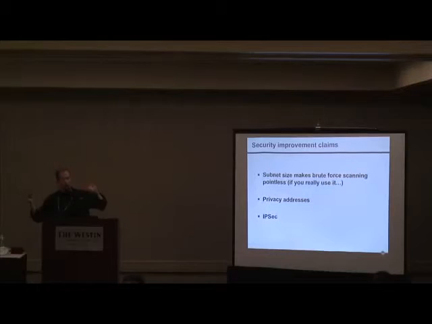And there are some things that everyone says, like it's more secure because... Well, okay, subnets. You can't brute force scan 18 quintillion addresses in a practical time frame. We have privacy addresses, which makes life better. And IPsec is no longer an afterthought. IPsec is built in. You're going to hear these all the time. And to some degree, they are true.